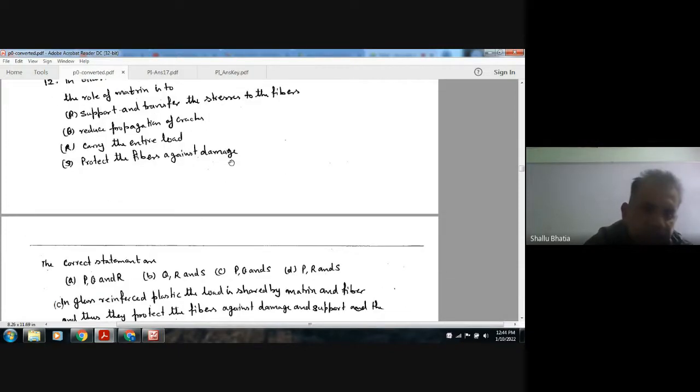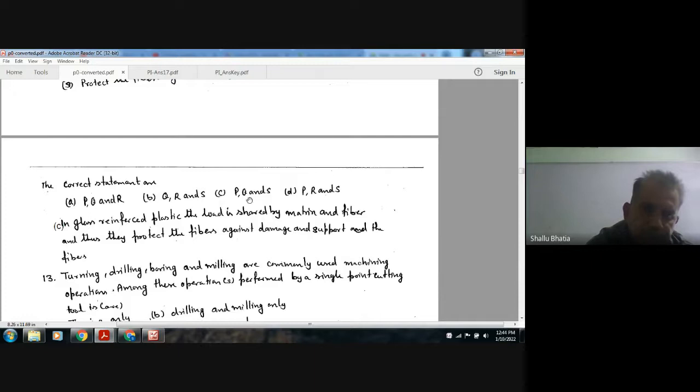So the matrix doesn't take the entire load; it shares load with the fibers. So it supports and transfers the stress to the fiber, reduces propagation of cracks and protects the fiber against damage. So the answer is PQS, option C.